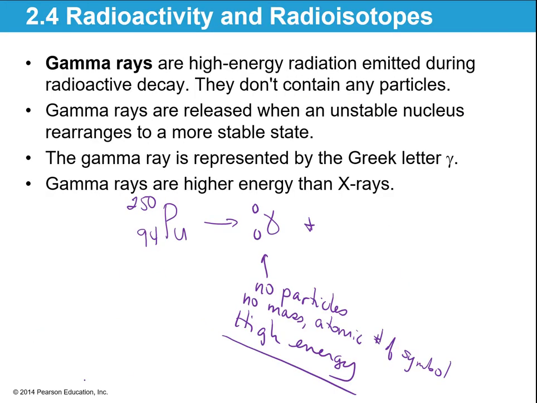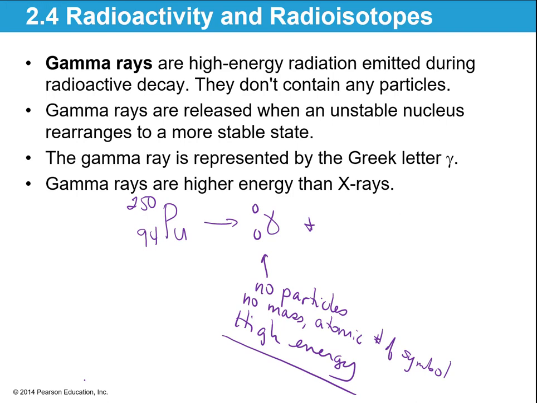Okay, ready? Last one, gamma. So gamma decay is really the highest amount of energy that can be released. Compared to alpha and beta, this has the highest amount of energy, but there's not any particles. I think of gamma decay as being what happens when those protons and neutrons are fighting for position in the nucleus.